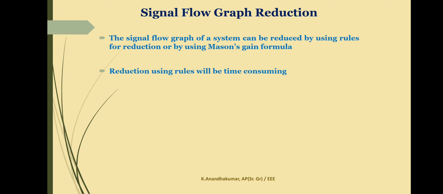The problem with using reduction rules is that applying them is time consuming, and there is no procedural way of applying the rules. Each and every person can approach the problem in a different way. So these are some of the problems with using rules for reduction.